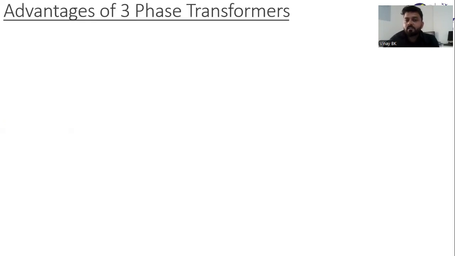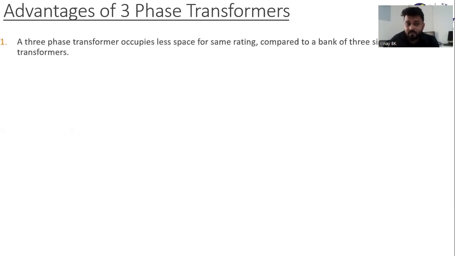Now let's consider the advantages of the three-phase transformer. A three-phase transformer occupies less space for the same rating compared to a bank of three single-phase transformers. Space is less because three single-phase transformers have to be placed, compared with one three-phase transformer, which obviously takes less weight and less space.